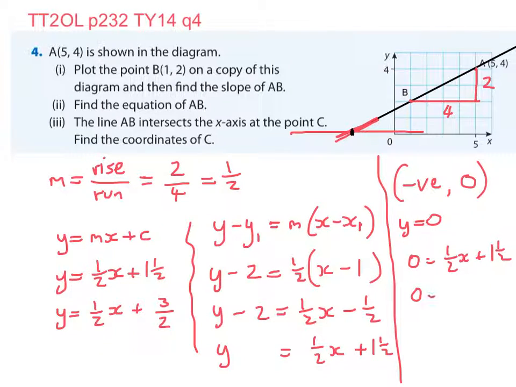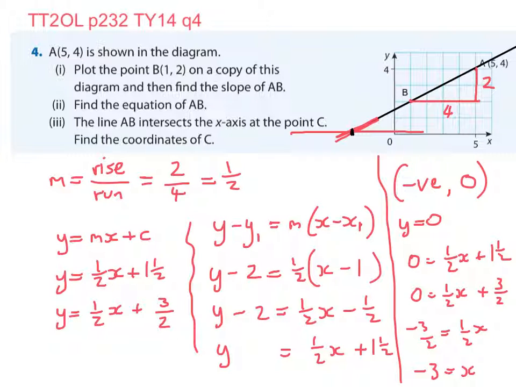Well, the clue might be in what I said about writing the number on the end in improper form. If we now take away those 3 halves, we end up with a half of x is minus 3 over 2. Double both sides, we end up with x as being minus 3.